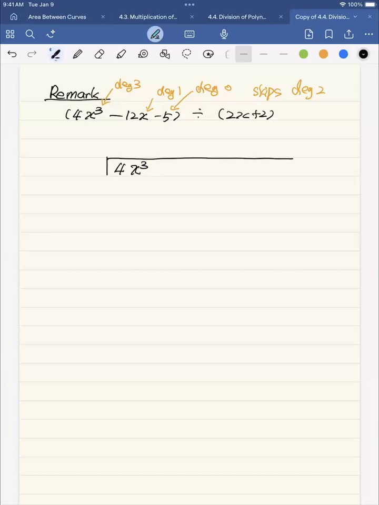So we will make a space here, and then minus 12x minus 5. So meaning space, rather than making all the things close to each other, and the left side is 2x plus 2.